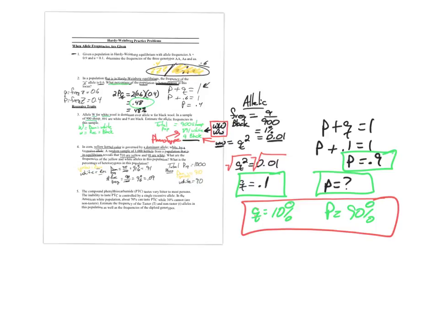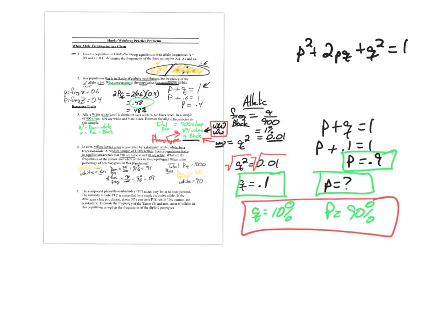But now if I ask you for the genotypic frequencies, what would we use to do that? Well, we use our formula P squared plus 2PQ plus Q squared equals 1.